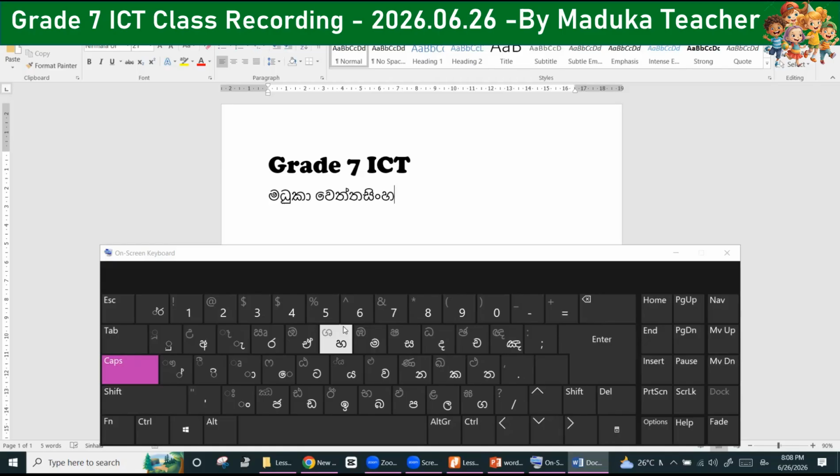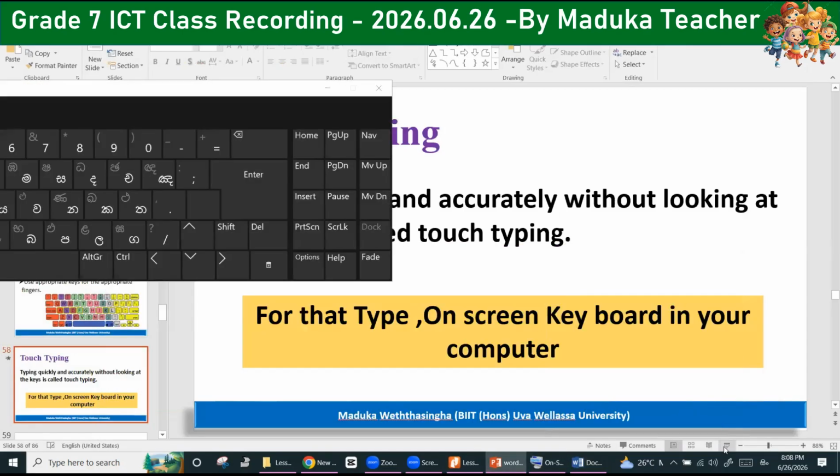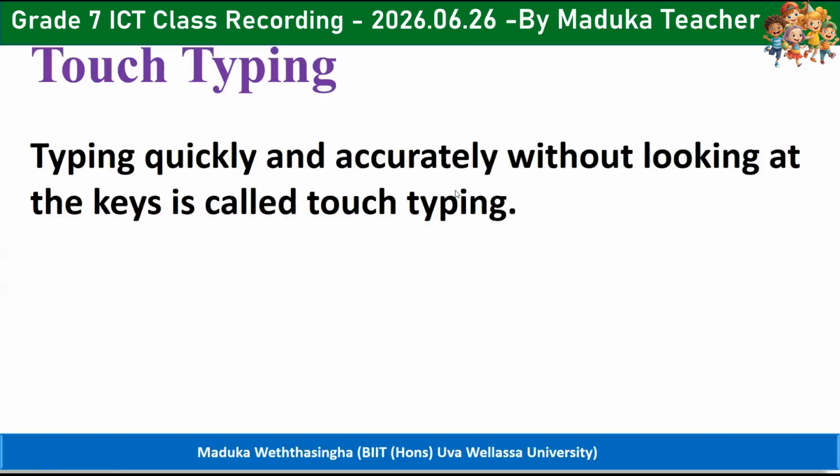Today we are going to learn about touch typing. Touch typing means typing accurately and easily without looking at the keys on your keyboard.